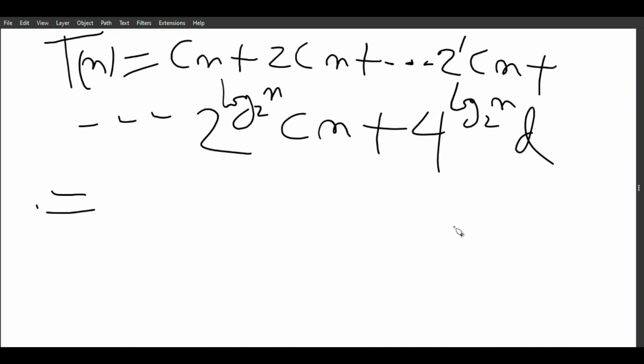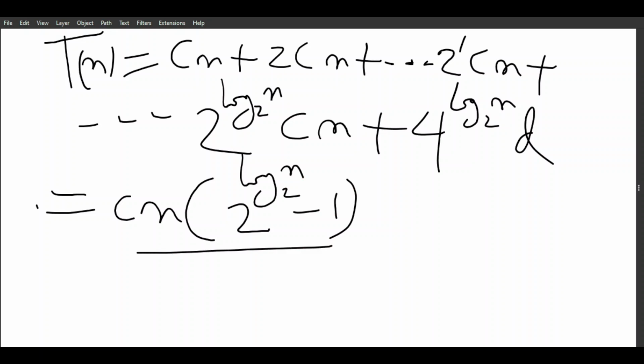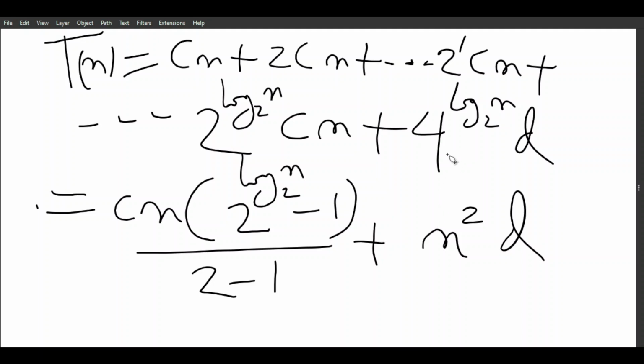So I will just simplify the computation. You can fill the steps, something like this. We get 2 Cn, apply the geometric sum, 2 power log of n with base 2 minus 1 divided by 2 minus 1, plus here we get n square D. So 4 power log of n with base 2, you can write it as square of 2 power log of n with base 2. 2 power log of n with base 2 is n, so we get n square.